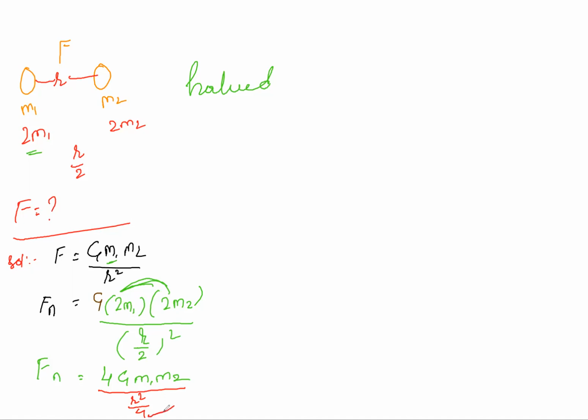Now this 4 will move to the numerator, so that is 4 into 4 G M1 M2 by R square. That is the new force, Fn.